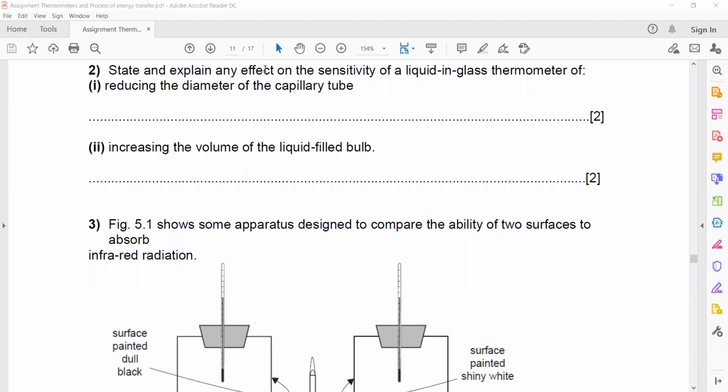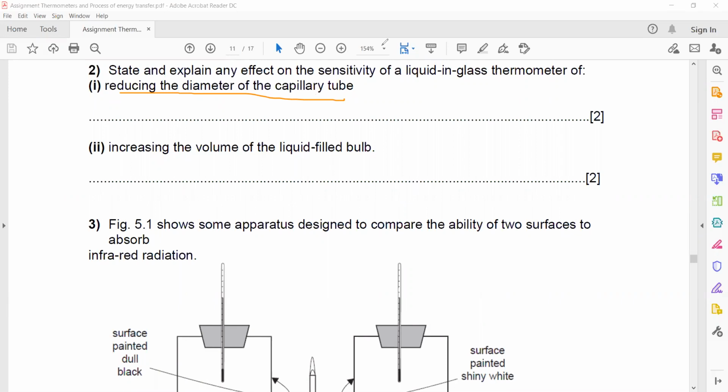State and explain any effect on the sensitivity of a liquid in a glass thermometer of reducing the diameter of the capillary.